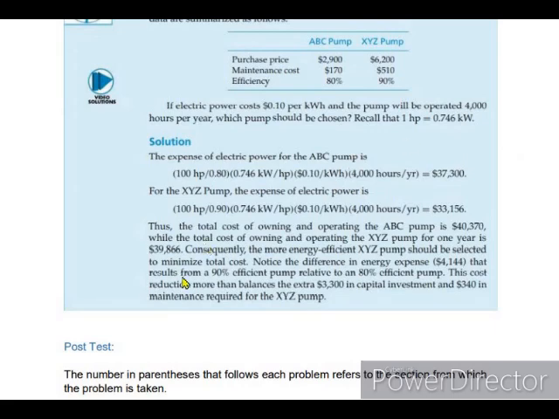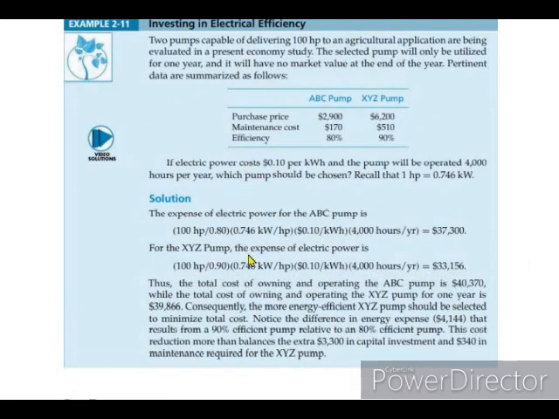Now, next for the second pump, the XYZ pump, here is the expense of electric power. The horsepower, or the capability, is the same as the first pump, 100 horsepower. Then we divide it by the efficiency, 0.9, because it is 90%. Then we multiply it by 0.746 kilowatt-hour per horsepower to convert it, because the first unit here is horsepower.